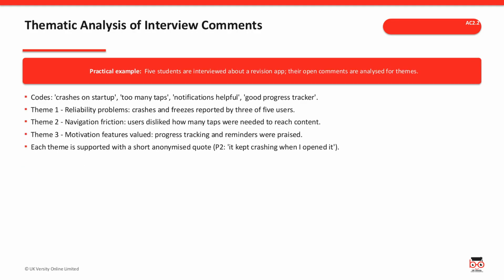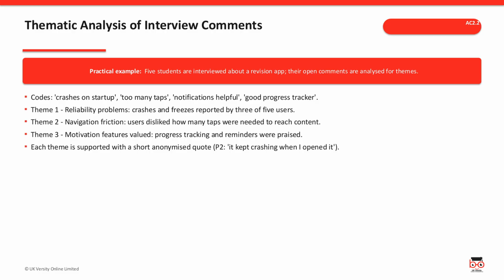Here's the method in action. 5 students interviewed about a revision app, with their open comments analyzed for themes. Codes like "crashes on startup", "too many taps", "notifications helpful", and "good progress tracker" start to cluster. 3 themes emerge.